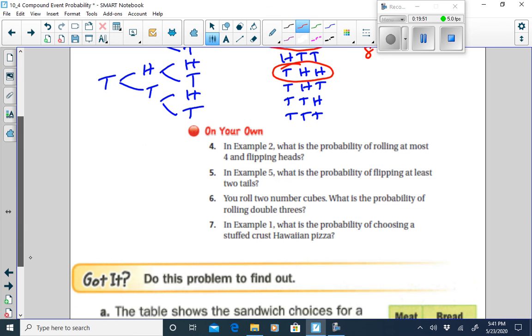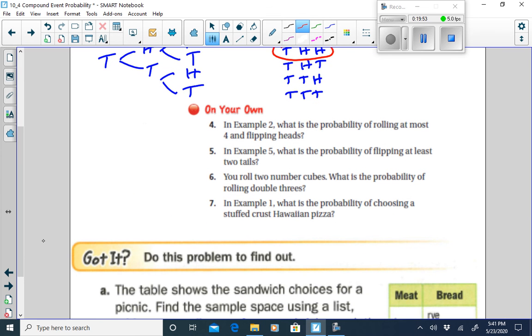All right. Let's take a look at some of these problems down here, 4, 5, 6, and 7. See if we can get those done pretty quickly. In example 2, what's the probability of rolling at most 4 and flipping heads? Well, at most 4, that would be rolling a 1, 2, 3, or 4. So for problem 4, there are 4 out of the 6 possible outcomes of rolling a number cube that are at most 4.